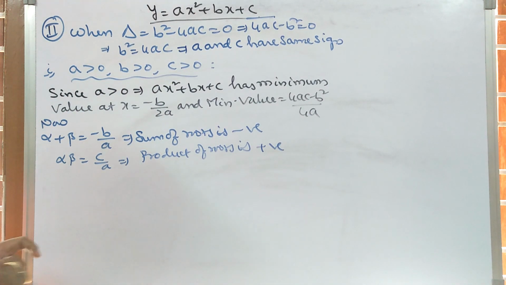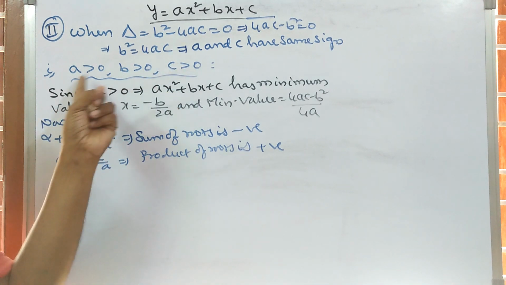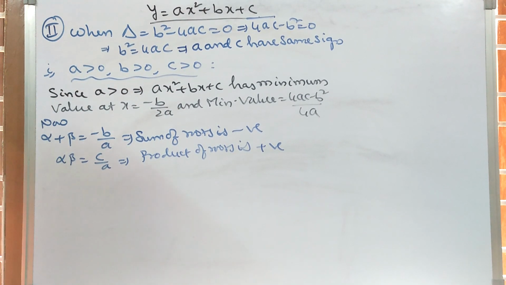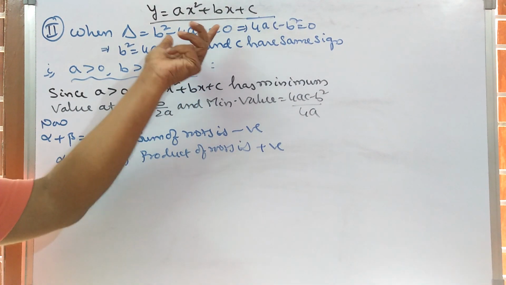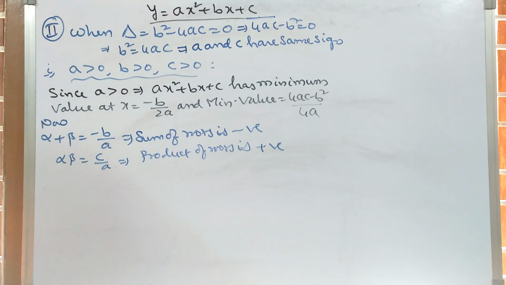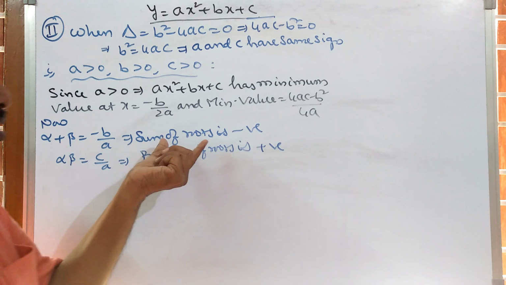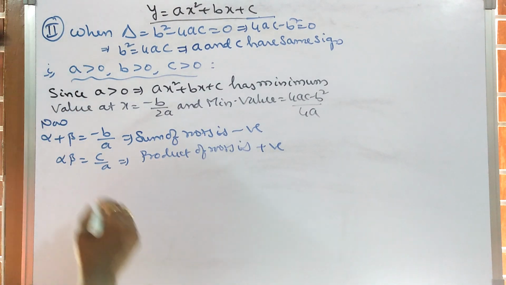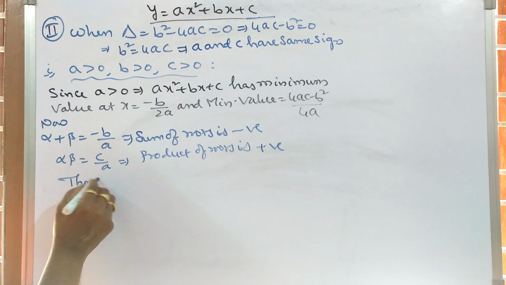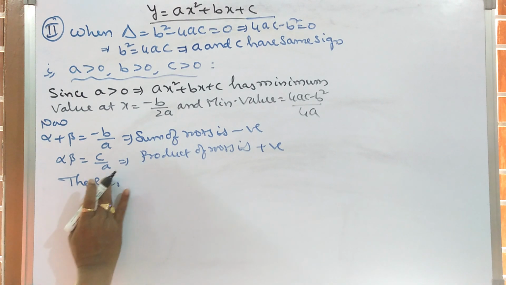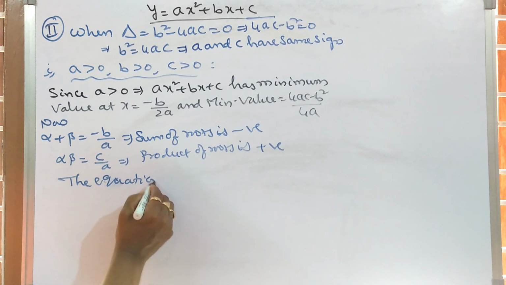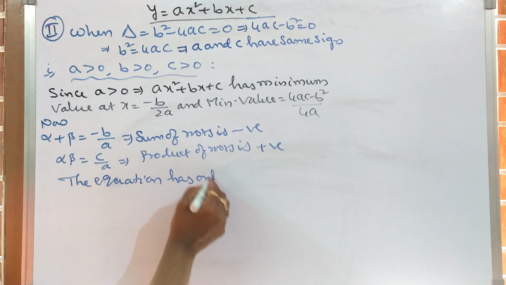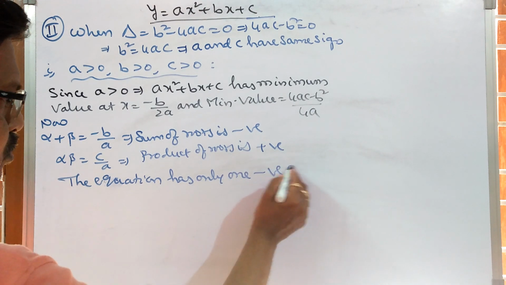Here if you observe one thing, c and a should have the same sign. That's why the product of roots is always positive. So whenever b square minus 4ac is equal to 0, you will get only one root. Why? Because delta is equal to 0, which means only one real root. The sum of roots is negative, so the equation has only one negative root.